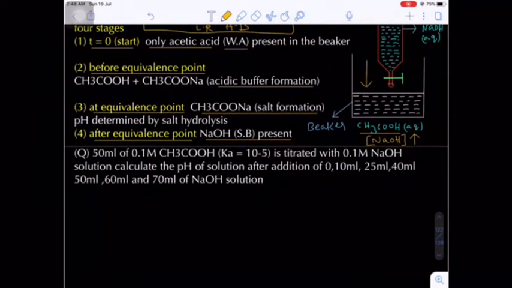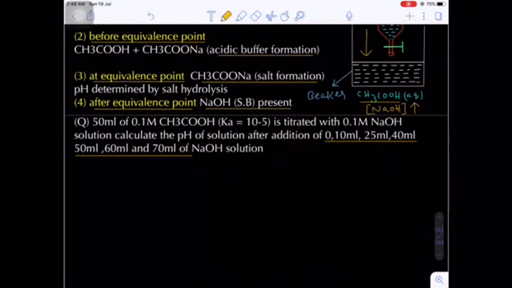Now we are explaining the weak acid, acetic acid, and strong base, NaOH, titration by taking one example. 50 ml of 0.1 M acetic acid, with Ka value 10 raised to minus 5, is treated with 0.1 molar NaOH solution. Calculate the pH of the solution after addition of 0 ml, 10 ml, 25 ml, 40 ml, 50 ml, 60 ml and 70 ml of NaOH solution.